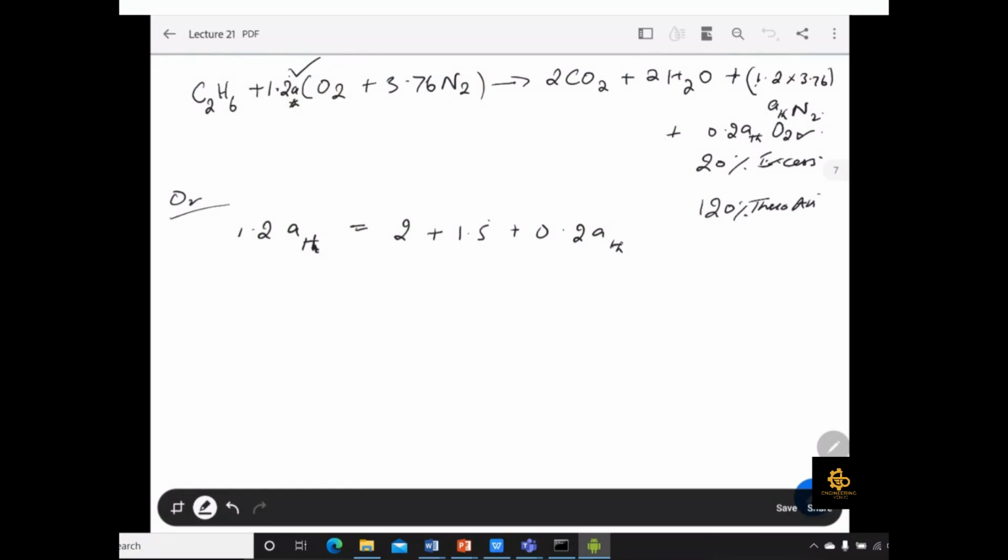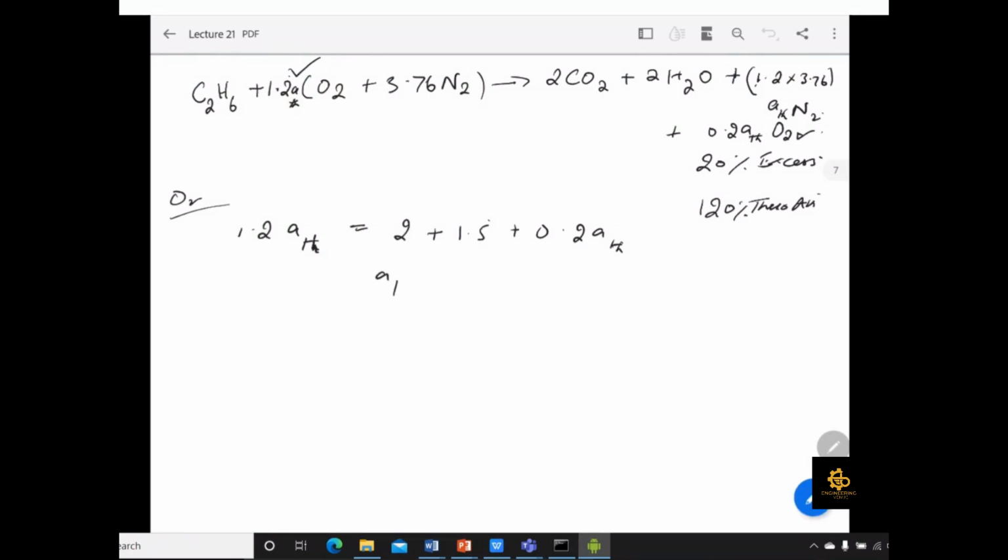By using this balancing, I can easily find the stoichiometric coefficient first. So now ATH is equal to 3.5.